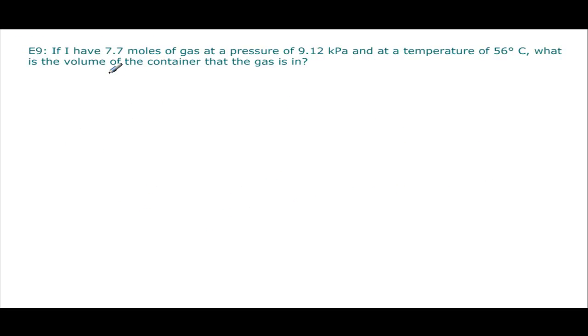One more example here. We have 7.7 moles of gas at a pressure of 9.12 kPa and a temperature of 56 degrees Celsius. What is the volume of the container? So moles is n, kPa tells me pressure, 56 degrees Celsius tells me temperature.